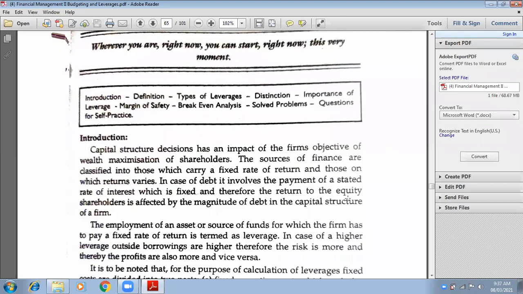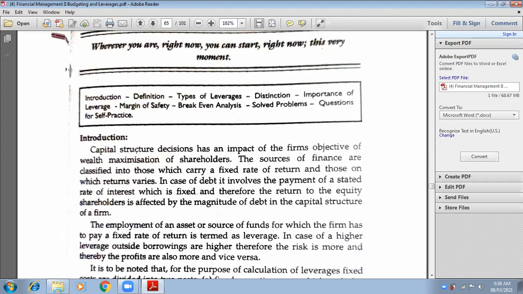So your profit may decrease because you have borrowed funds from the outside market. Example, a loan from the bank. Because you are taking a loan from the bank and you have to pay interest to them, the interest will be paid from your profits. Are you getting my point? See, capital structure decisions.